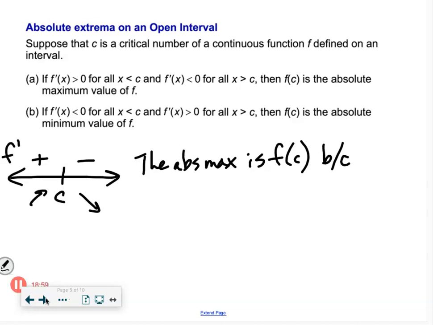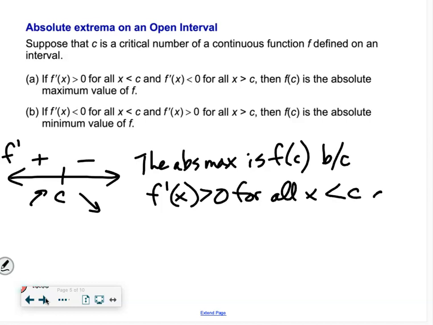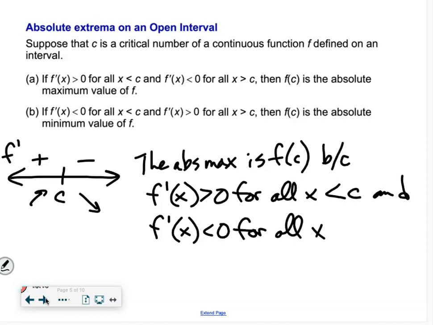You have to say because f prime is greater than 0 for all x less than c, and f prime is less than 0 for all x greater than c. It's not just positive to negative, but it's always positive before and always negative after.